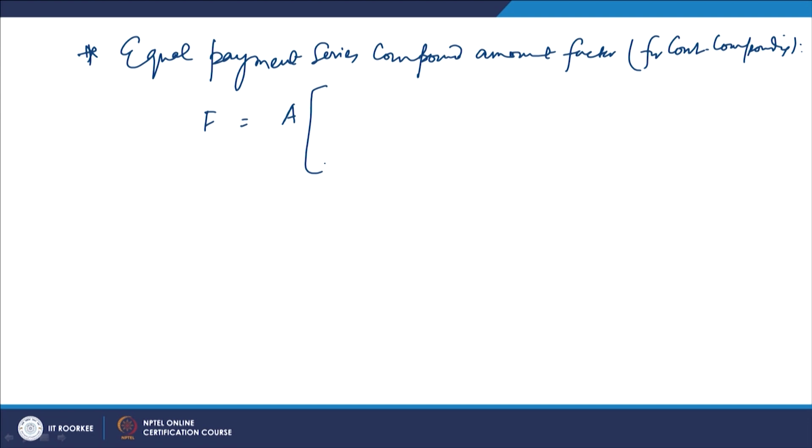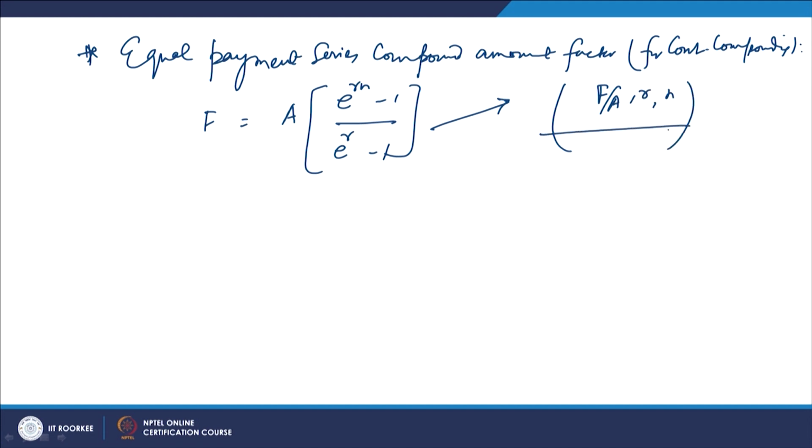So it will be the reciprocal of the factor which has been found out, and it will be e raised to the power r n minus 1 divided by e raised to the power r minus 1. This factor is basically denoted as F by A, r, n. Here r is the nominal interest rate and n is the number of compounding periods. So that gives you the value of the equal payment series compound amount factor for continuous compounding.